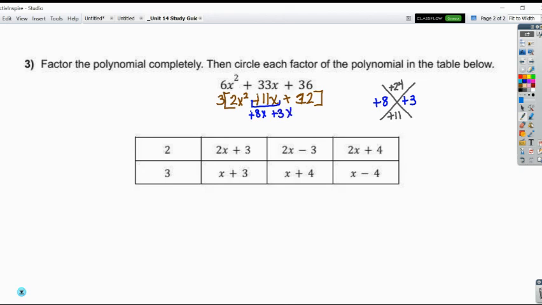Bring along the 2x squared as your first term. Bring along the positive 12 as your last term. And bring along that greatest common factor of 3.